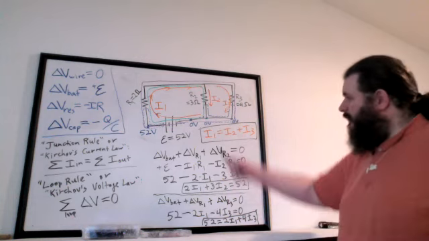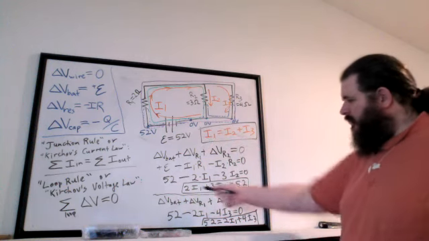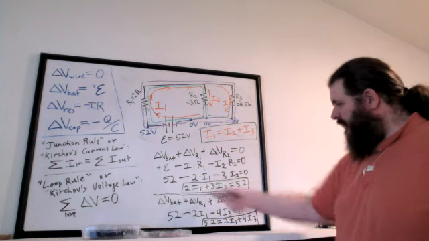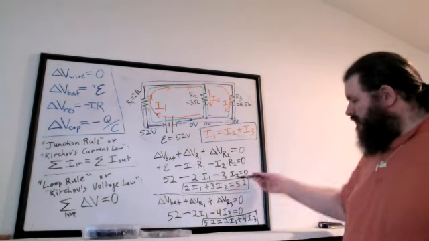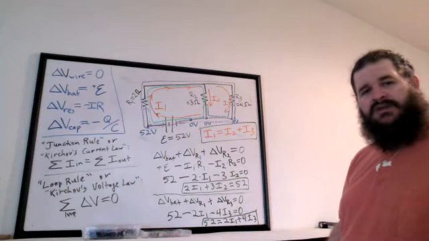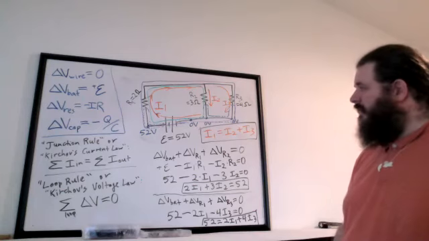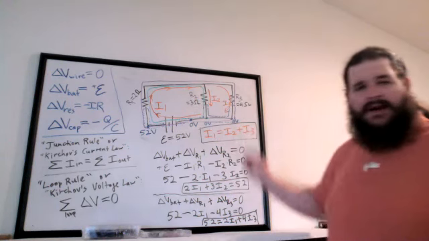For example, everywhere you see I1, you can replace it with I2 plus I3. So in this equation and in this equation, replace I1 with I2 plus I3, and then you now have 2 equations with just I2 and I3. And then you can use substitution or elimination to solve for I2 and I3, plug those back into here to find I1, and then you know the current everywhere.